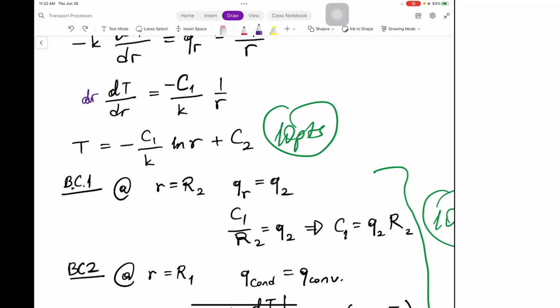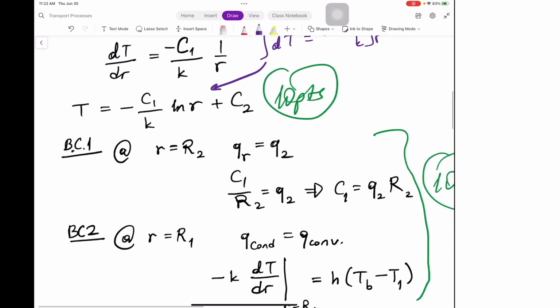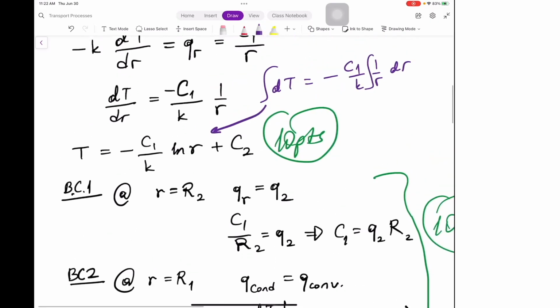And then this gives you dT is equal to... right? And from here, after integration, you find this. Okay, because the integral of 1 over R is ln R.